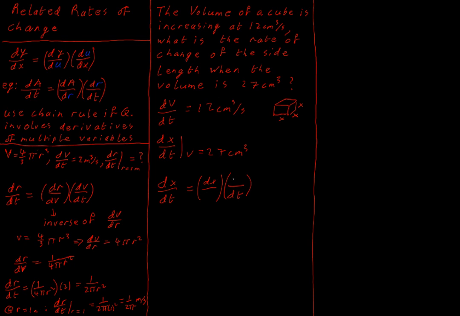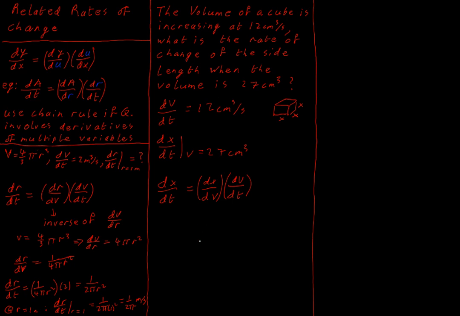Well, what does it make sense for me to have as my variable here? In this case, it's going to be the volume. Could have been surface area if I was told about surface area of the cube, but in this case I was told about volume. So I have dV/dt, so I'm going to need dx/dV and dV/dt.